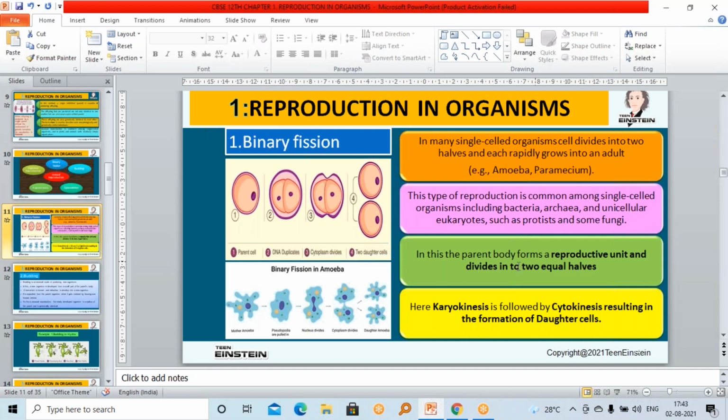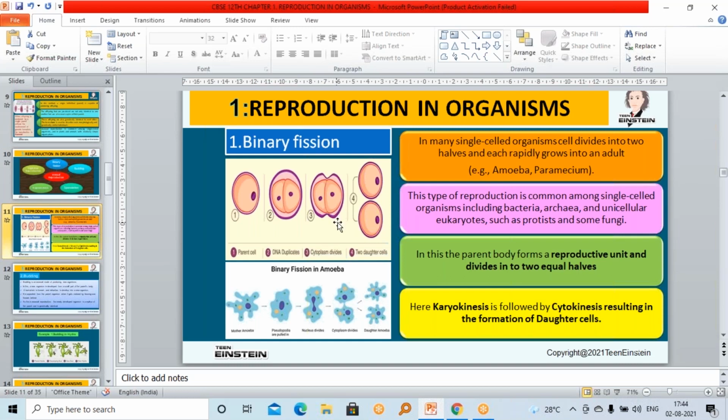So after cytokinesis, daughter cells will get formed, and each daughter cell has a separate nucleus because karyokinesis got over. Then cytokinesis happens, the cytoplasmic division is also over, and two separate cells will get formed.